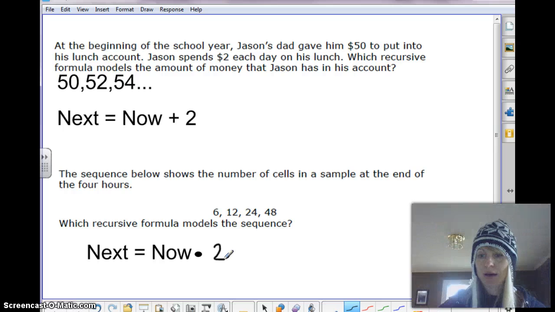And that's the next-now equation for this. To get the next answer, I take what I have now, which is 48, and times it by 2, and that gives me 96.